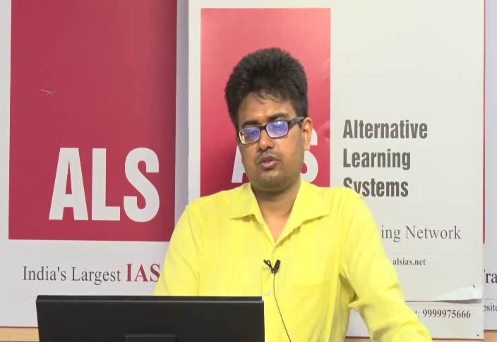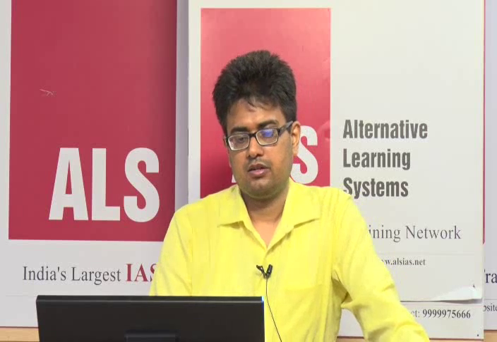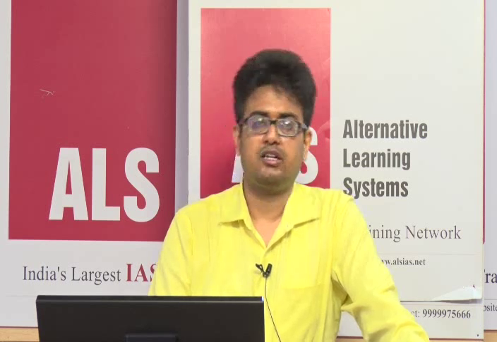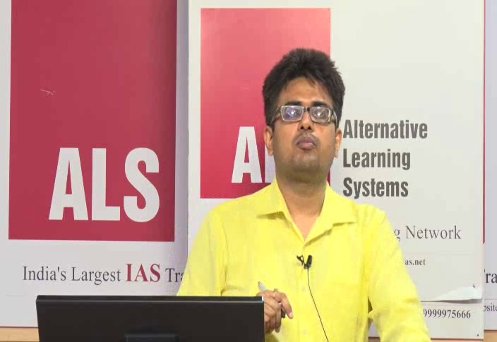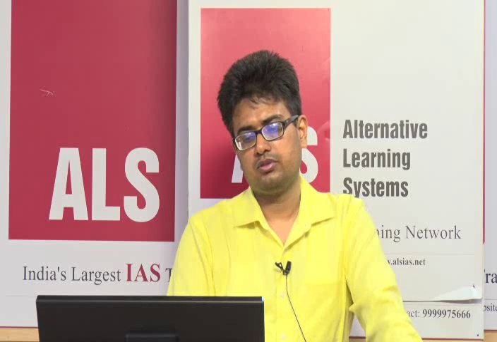All right. So let's move on to abscisic acid. Now remember, I told you auxin and cytokinin have opposite effects. Similarly, gibberellin and abscisic acid have opposite effects. This is the fourth hormone, abscisic acid.